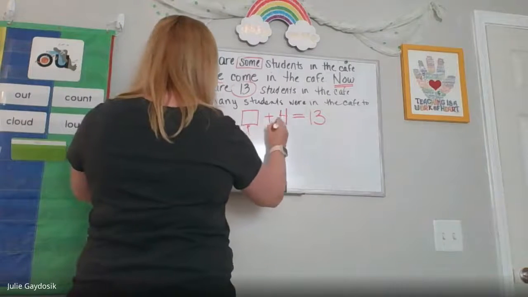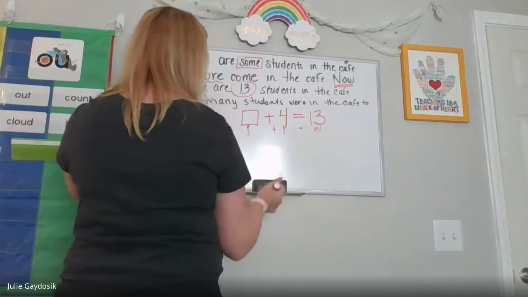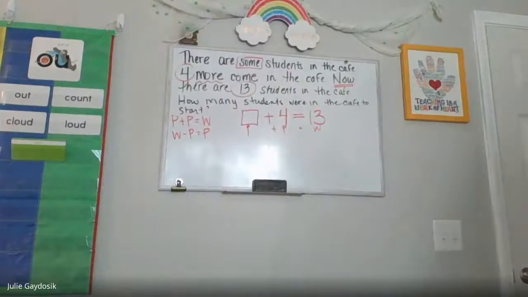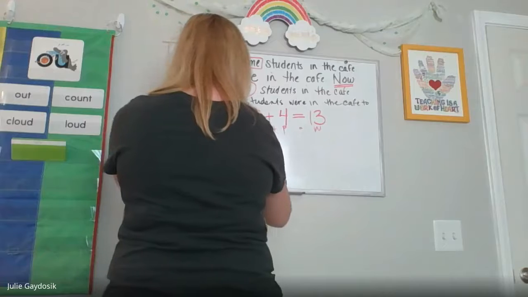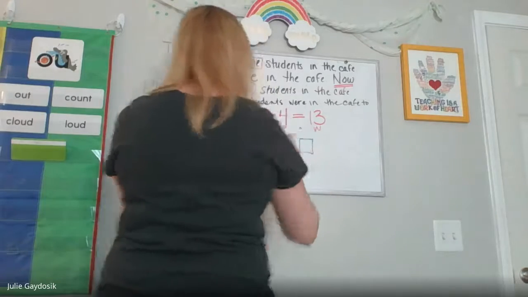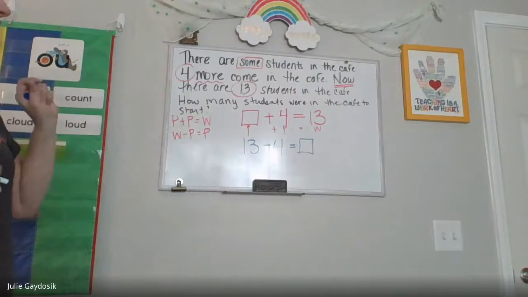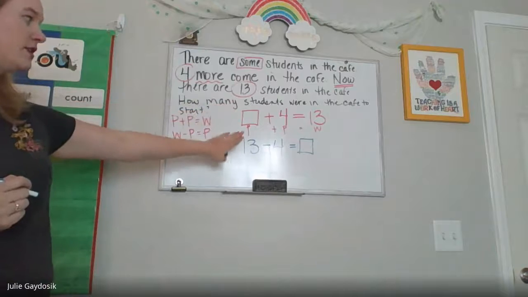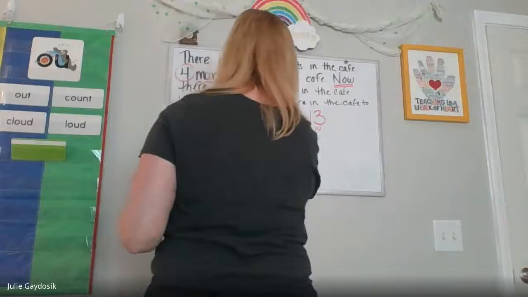And if this is part plus part equals whole, you could change this equation. You change the color. You could change this equation to whole minus part equals part. So what I'm going to do for this problem is I'm actually going to solve it this way first, and then I'm going to solve it this way. So I will change it into the subtraction problem.